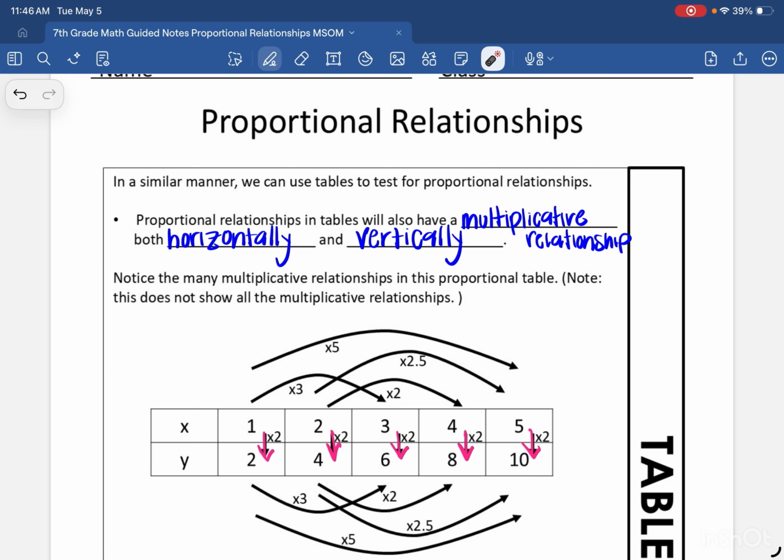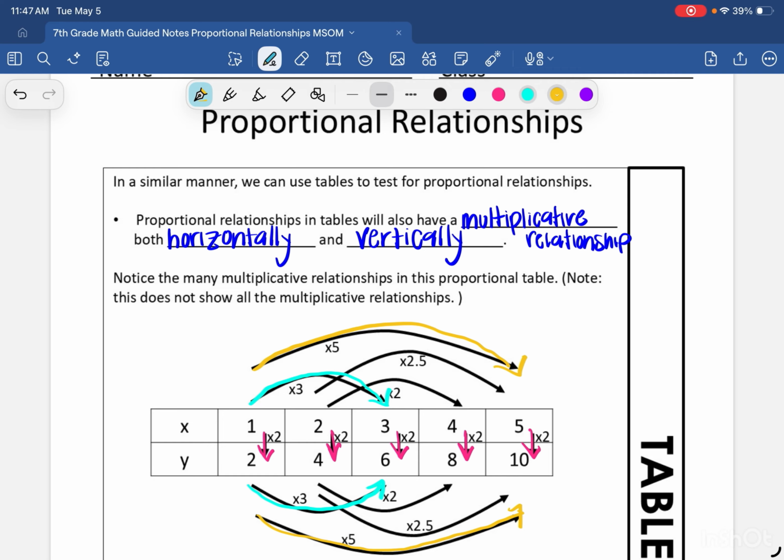If we look at the horizontal relationship, notice that if I go, for example, from 1 to 3, and then the same distance down here below, 2 to 6, that is multiplying by 3. Now I'm going to go to a new one. If I go from 1 to 5 over here, that's multiplied by 5, and the same distance, to 10, is also multiplying by 5.